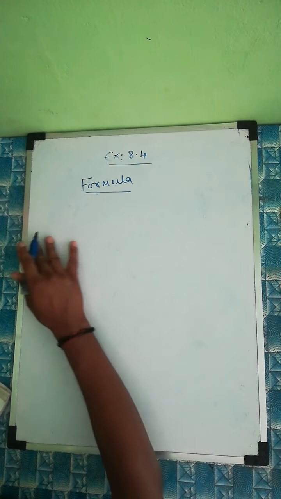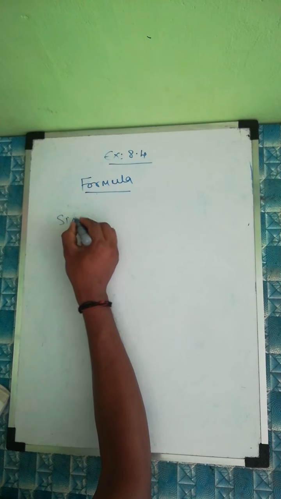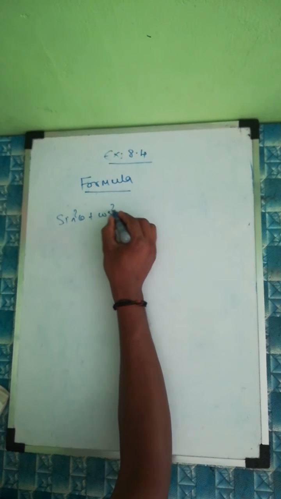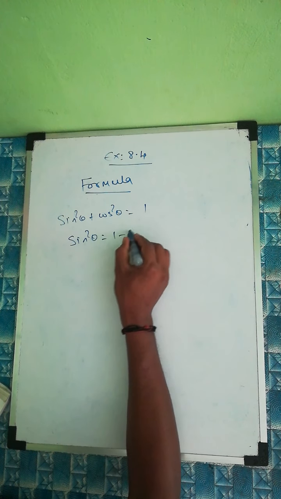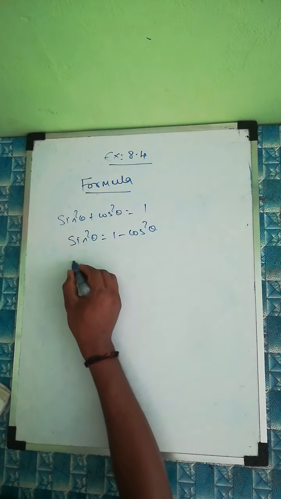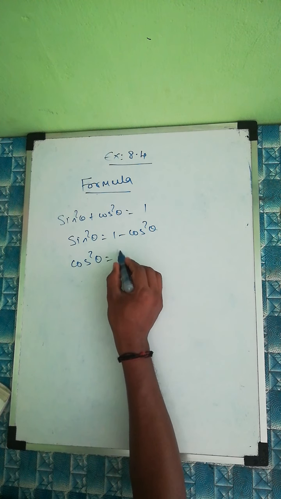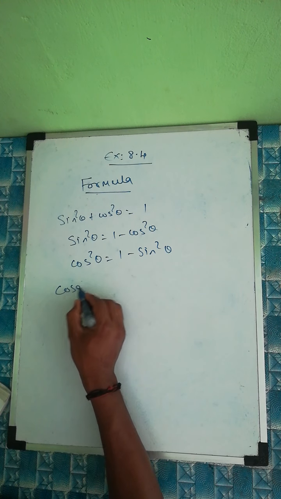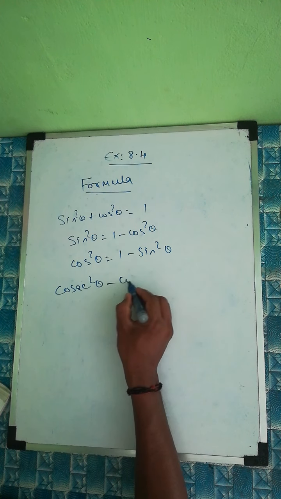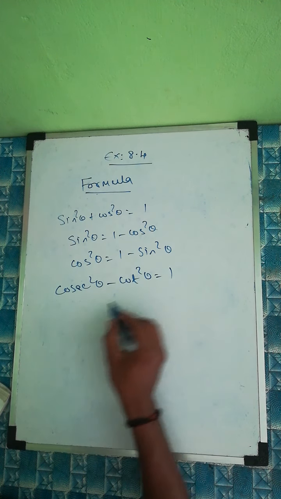Exercise 8.4. I'll give the formulas first, before starting the exercise. Sine square theta plus cos square theta equal to 1. So sine square theta equals 1 minus cos square theta, and cos square theta equals 1 minus sine square theta. And cosec square theta minus cot square theta equal to 1.